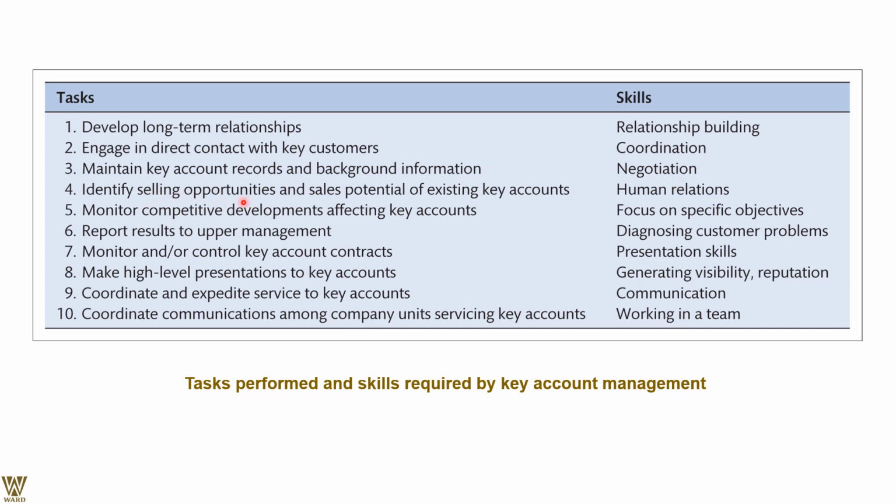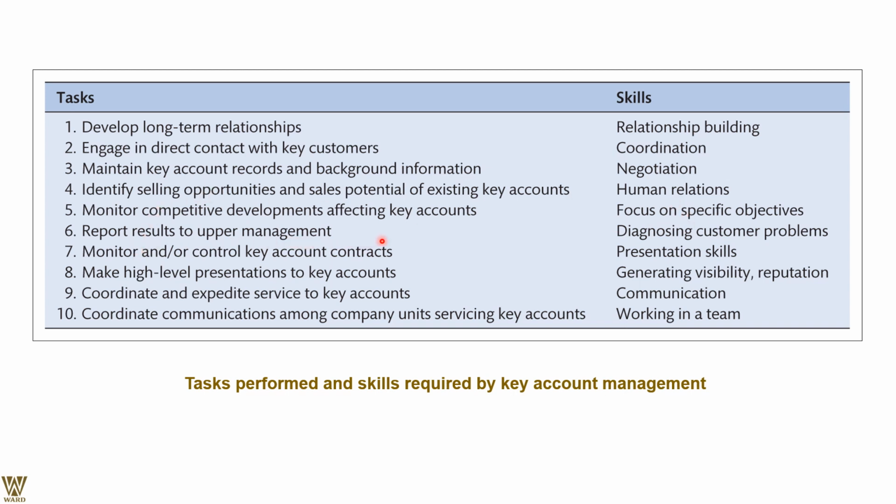Next is identifying selling opportunities, the sales potential of existing key accounts in terms of human relations, as the case might be. Point number five would be monitoring competitive developments affecting key accounts, and focusing on specific objectives as and when required. Report results to upper management.